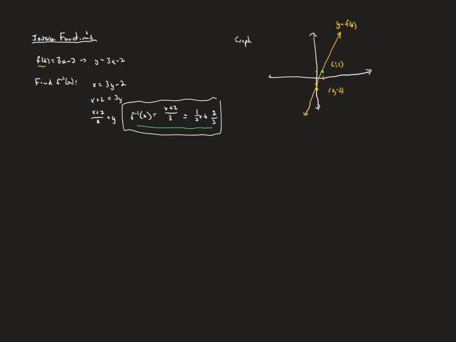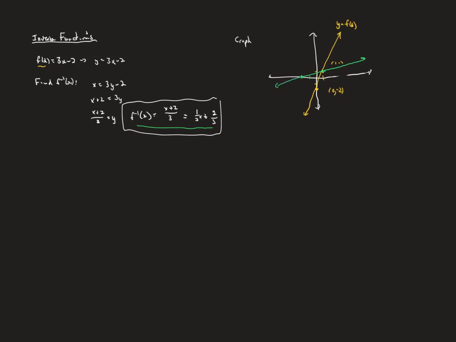So in this case, (1, 1) is going to remain (1, 1), and (0, negative 2) will become (negative 2, 0). And if we connect those points, we'll get that straight line. Let me try that again. It's going to be more like that.